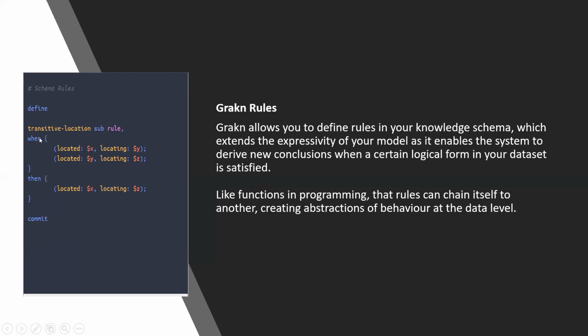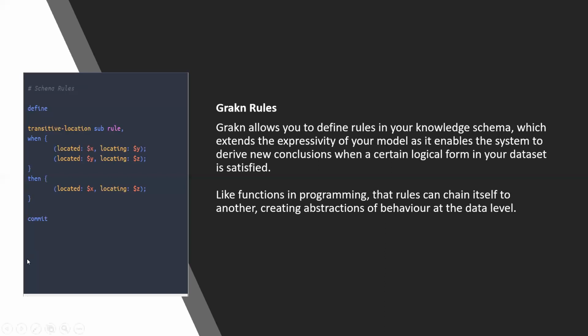It basically has two things, LHS and RHS. LHS has a keyword when, where you can specify the conditions. Grakn refers to the body of the rule as when, that means the antecedent of the implication, and the head as then of the rule.